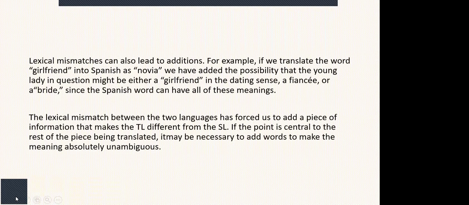So the lexical mismatch between the two languages has forced us to add a piece of information that makes the target language different from the source language. So here it's very important to add the information necessary to disambiguate and avoid confusion. So this addition, I think, stands to logic.